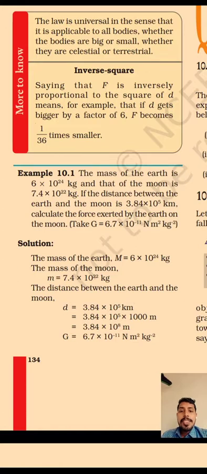The distance between the earth and the moon is 3.84 into 10 raised to 5 kilometer, that is 3,84,000 kilometer. Calculate the force exerted by the earth on the moon. How much force is exerted by the earth on the moon? That we have to see.